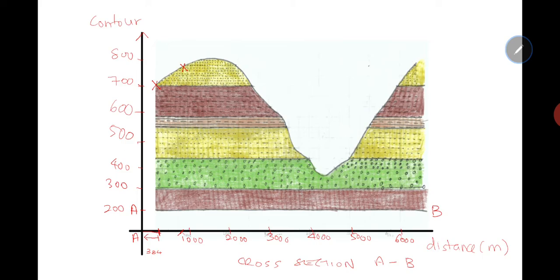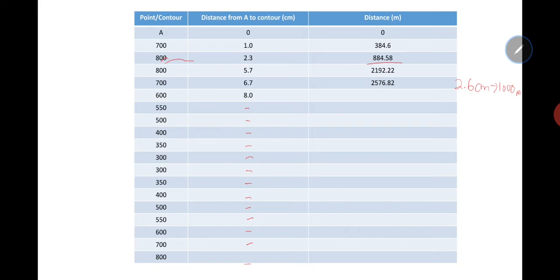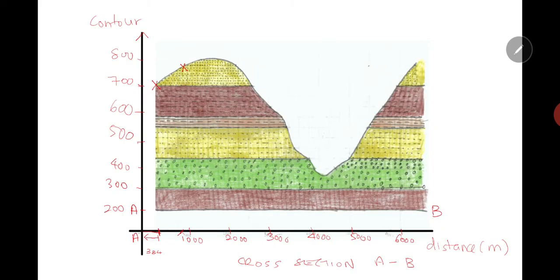So next is for contour 800, and then the measurement is 1190. So measure from A about 2890. So it is about here. So that is my third marker. So you must do the rest of it.